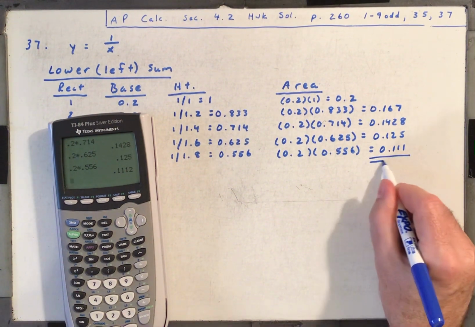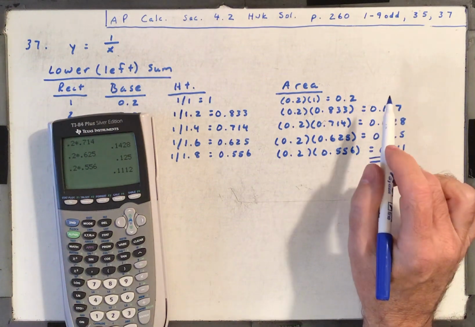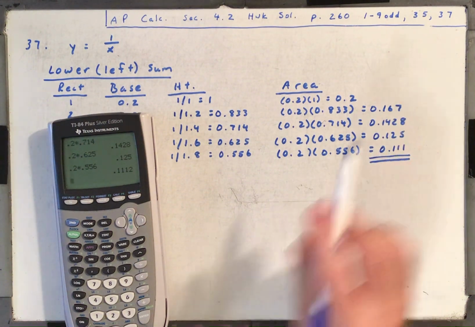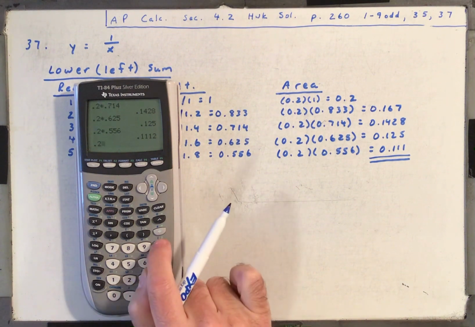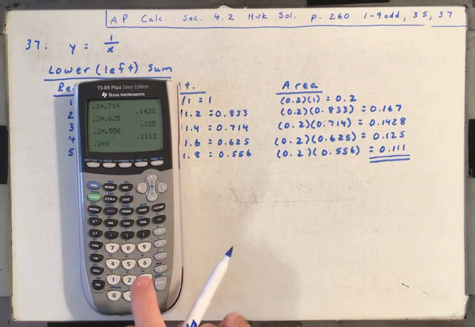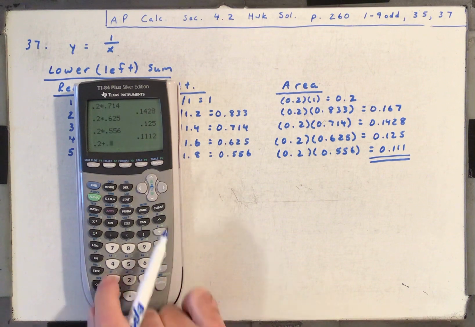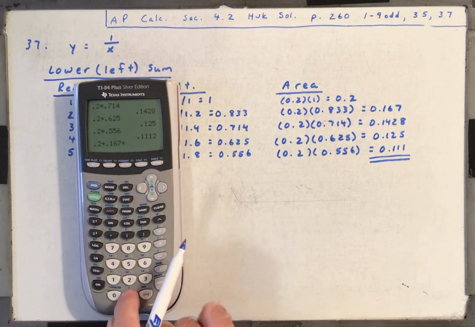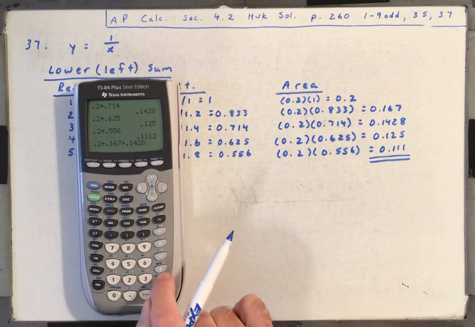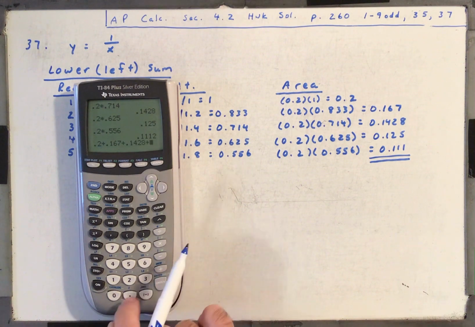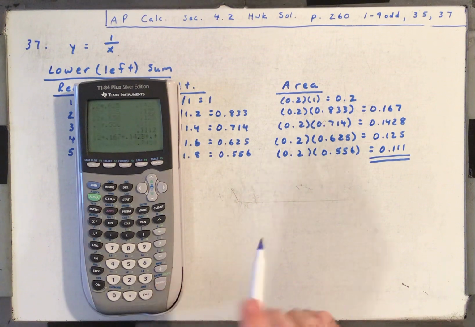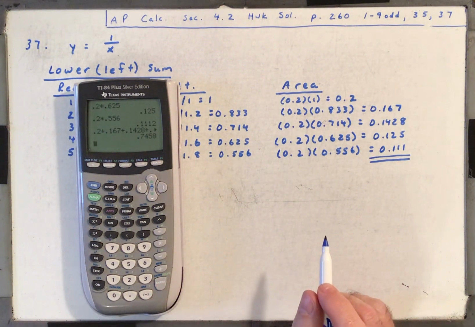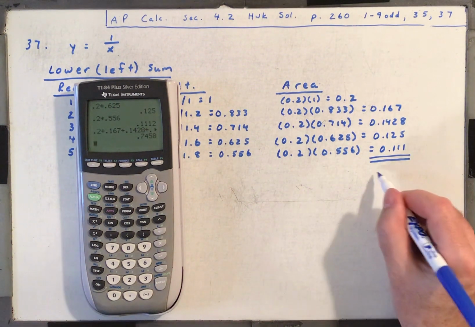And you add those 5 rectangles up, and you get 0.7458.